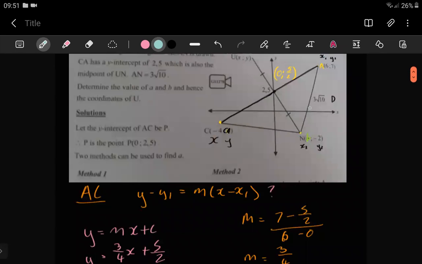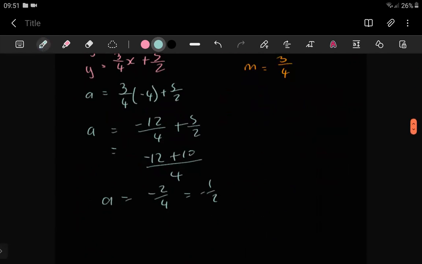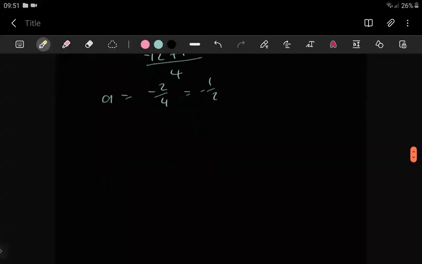For B, we said we can just use the distance formula. So in our distance formula, we know that distance is equal to the square root of x2 minus x1 squared plus y2 minus y1 squared. You can start with x or y, it doesn't matter.